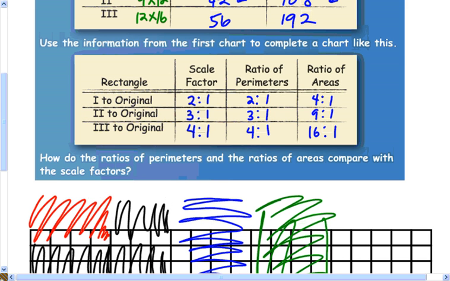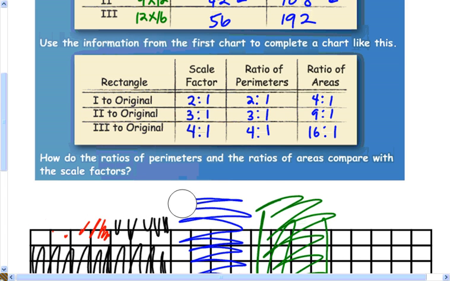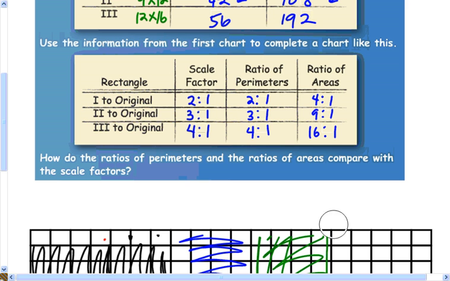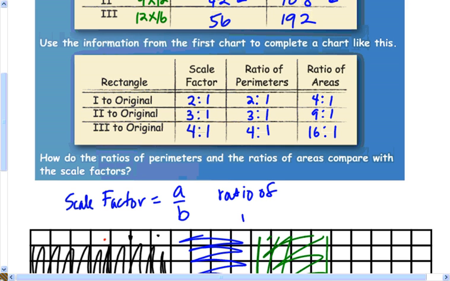Let's say we have a scale factor, and say it's equal to a over b. Then our ratio of perimeters is exactly the same, so the ratio of perimeters is also a over b.